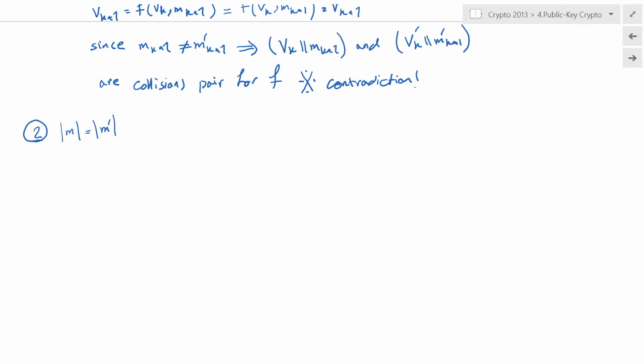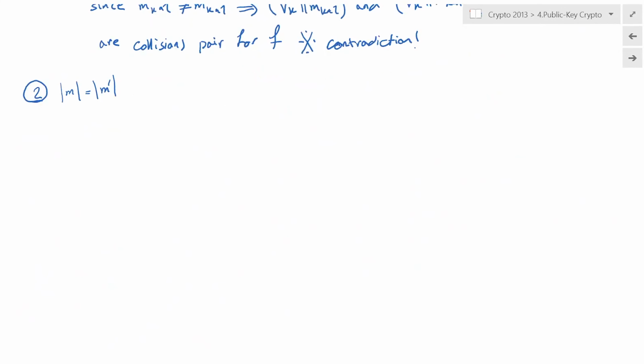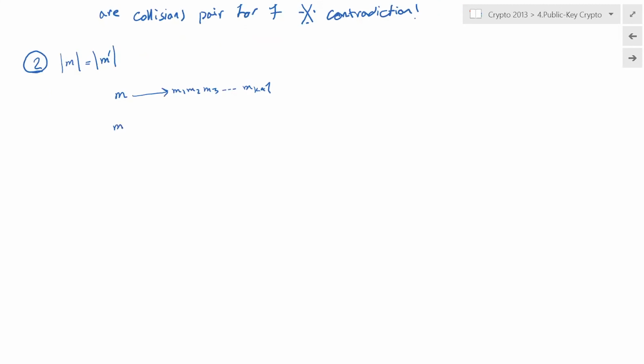For this case, when we do the padding and convert m to blocks, we get m1, m2, m3 all the way to m k plus 1, I just shortened it, and then m prime would go to m1 prime, m2 prime, m3 prime, all the way to m prime k plus 1.